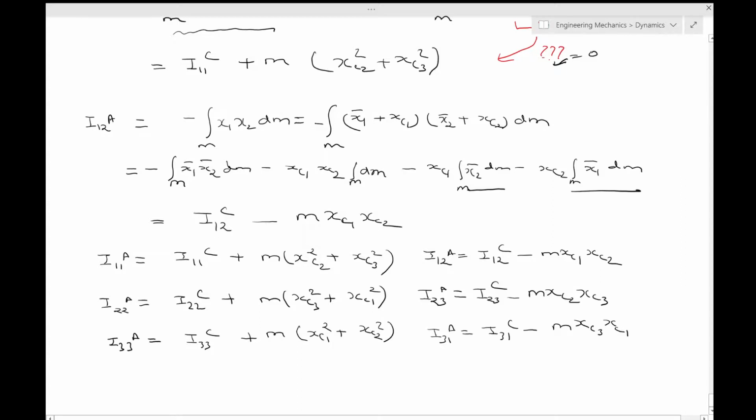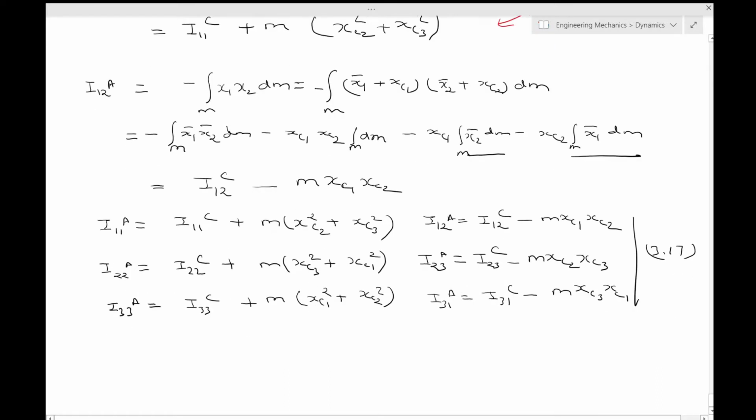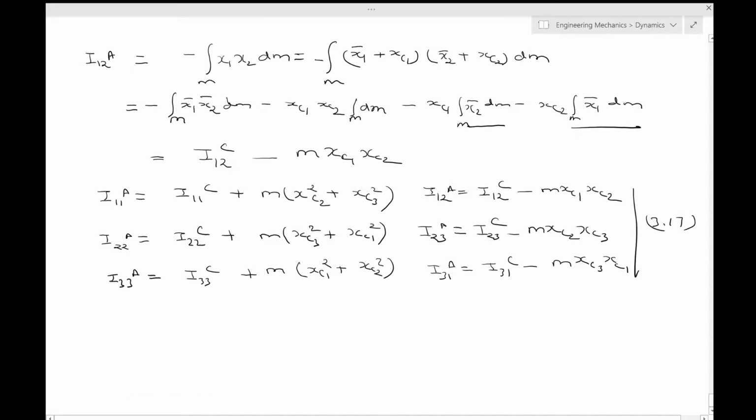Okay, so this is 3.17, all three of them, and it essentially gives us this inertia matrix at a point of interest A in terms of a known inertia matrix at the center of mass.